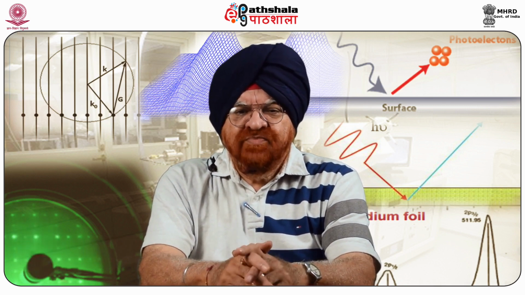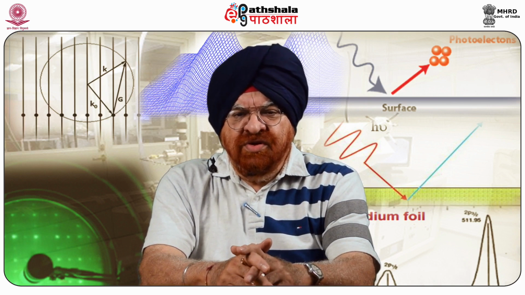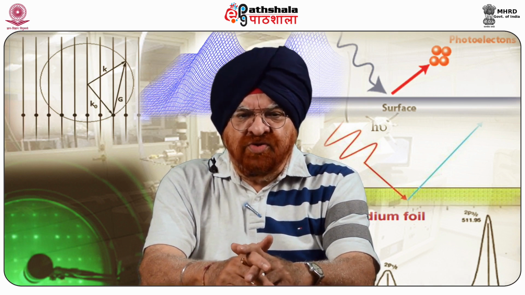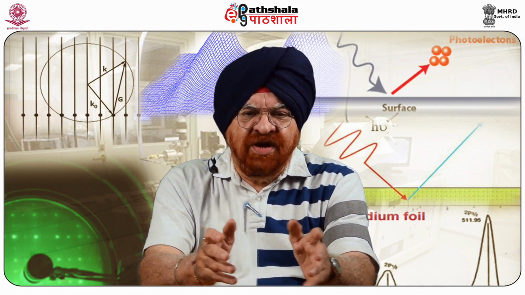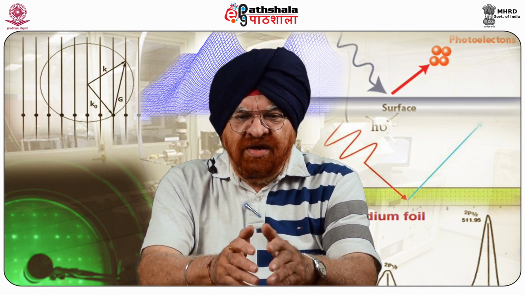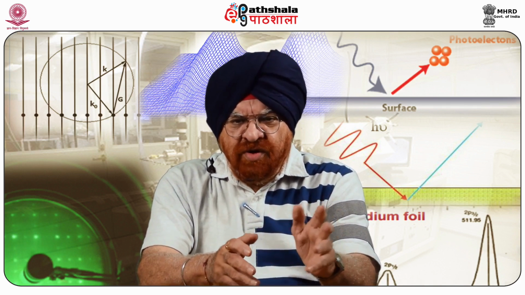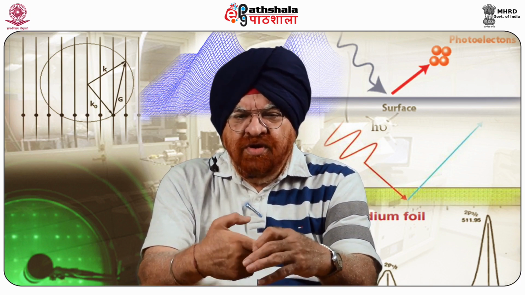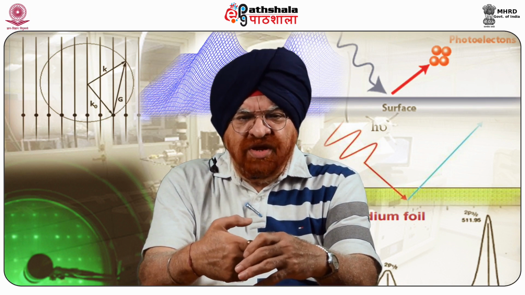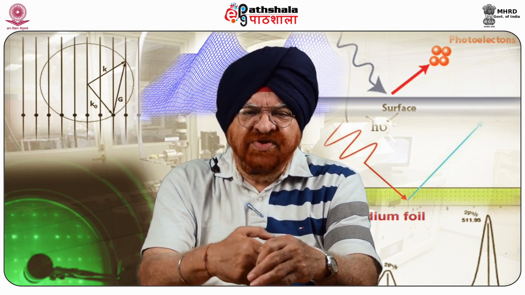Today, we are going to discuss the module which will deal with high resolution electron energy loss spectroscopy, which is abbreviated as HREELS. After talking about the introduction part of this, in this module, we are going to talk about instrumentation, and this will obviously come under the paper Surface Analytical Techniques Part 1.